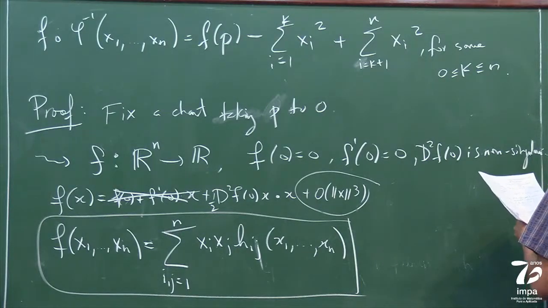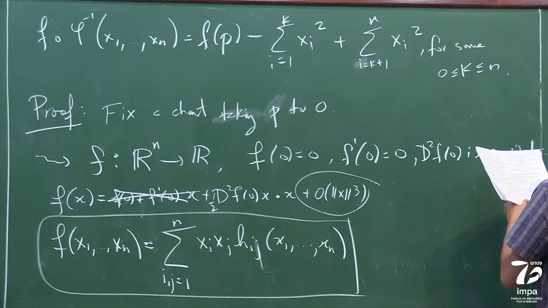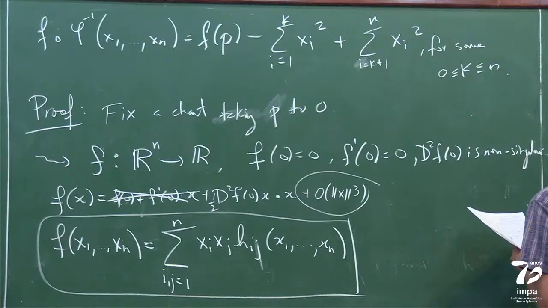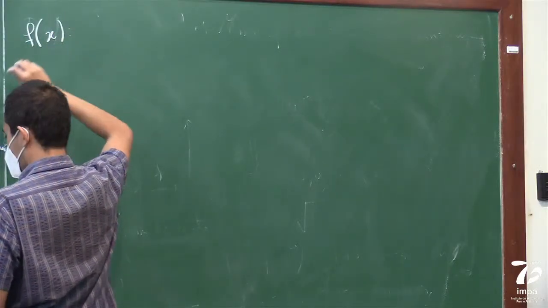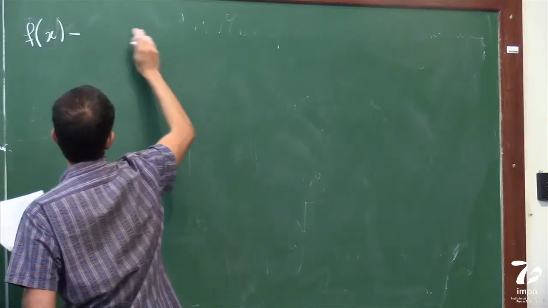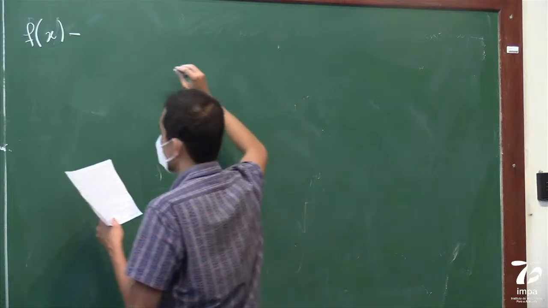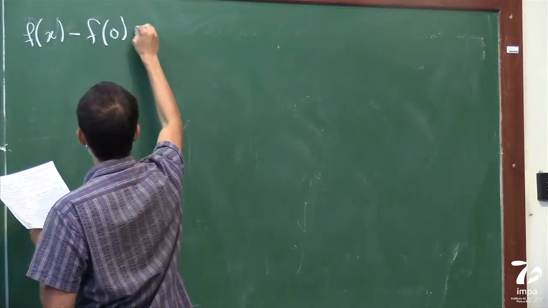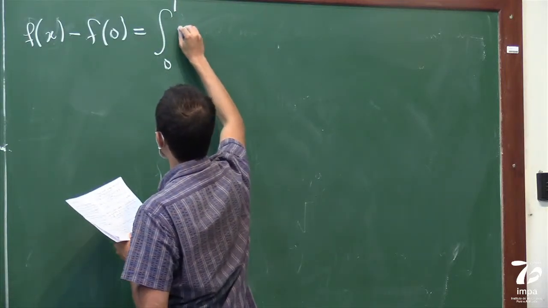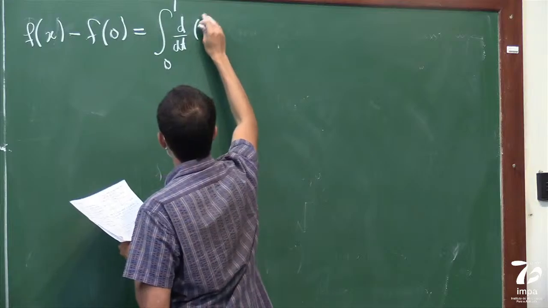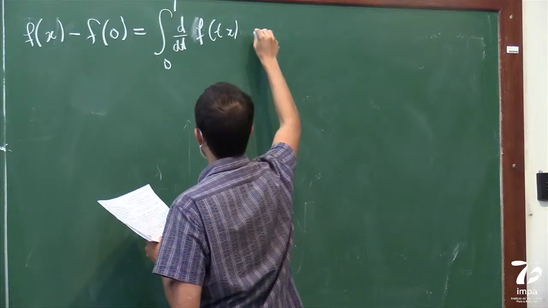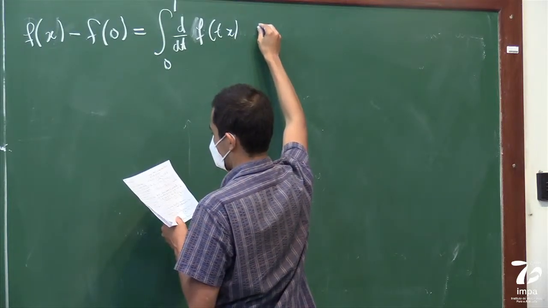So, basically you can write it like this. f of t minus f of 0 is equal to the integral from 0 to 1 of d/ds of f of sx ds.